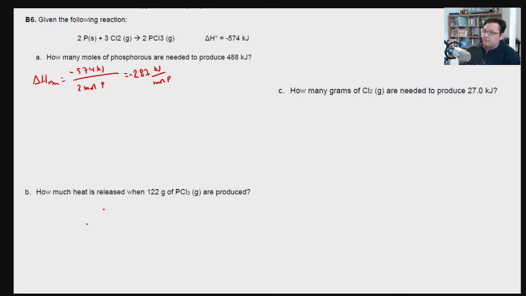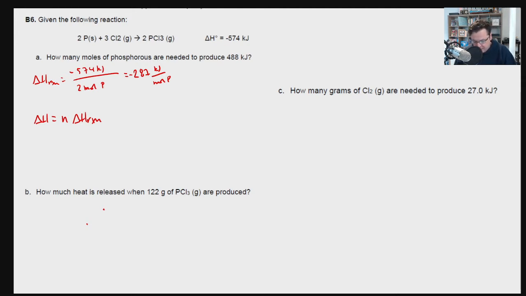So we know now the energy per mole of phosphorus. The question becomes, how many moles of phosphorus do we need to do 488 kilojoules? Delta H is equal to the number of moles times the delta H of the reaction standardized to those moles.